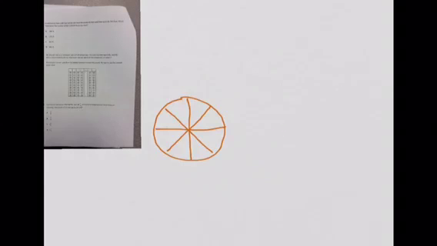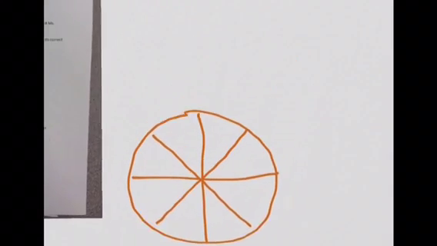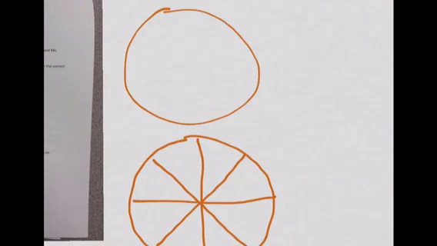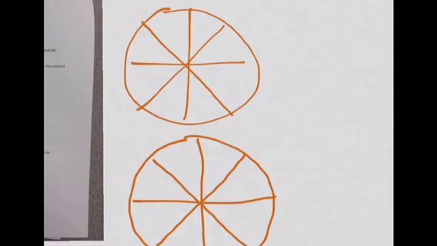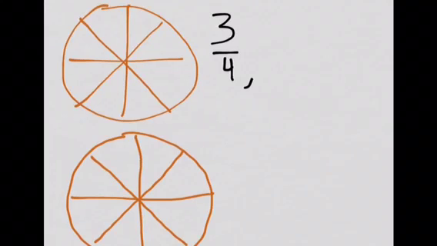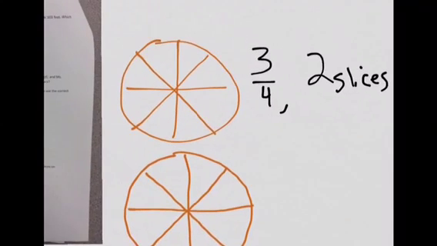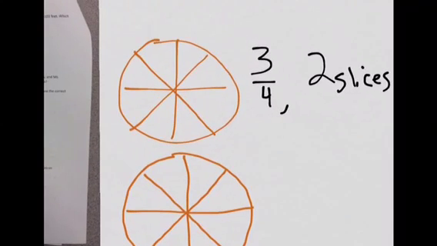Let's say I have two pizzas, and I eat 3/4 of a pizza, and then I eat 2 slices. How much is left? Well, 3/4 of a pizza. This part right here is 1/4.